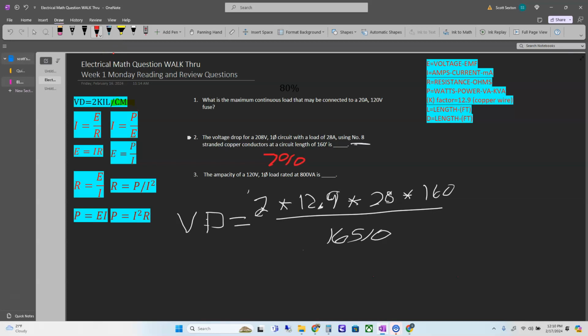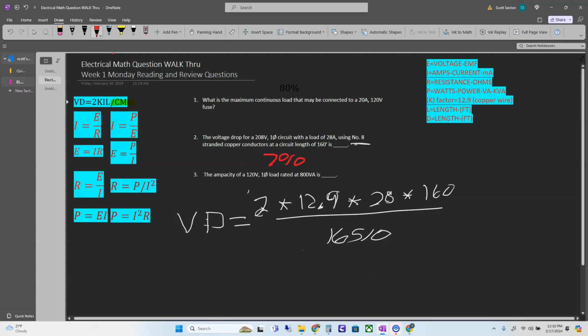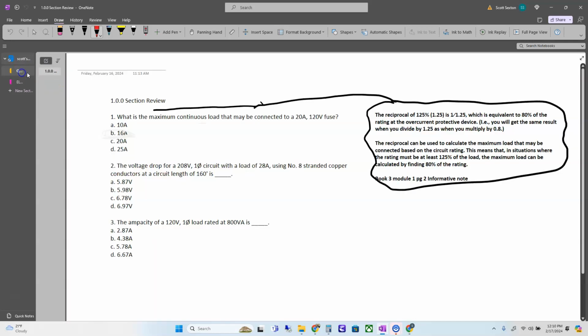So if I send out 208, when I get out there with the distance, it's going to be 7% less than 208. So the answer on this one should be 7%. Let's see if my math worked with 6.97. That's real close. So our math went a little bit long. Let's go back to the calculator to see.